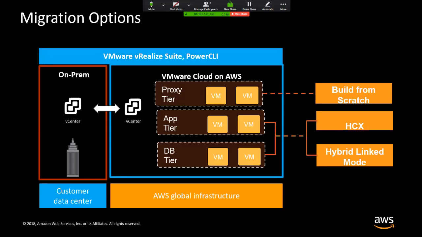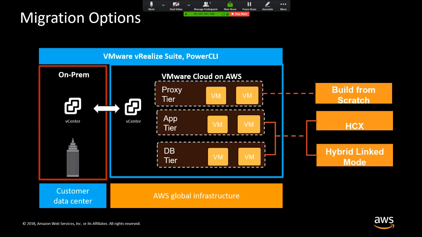Then for our other tiers, our application and our database tier, those are what we would call pets rather than cattle. They have data that needs to persist, and perhaps deploying them is a difficult and complex process. So we need to migrate those tiers from on-prem. There are a couple of tools available to us to do that.